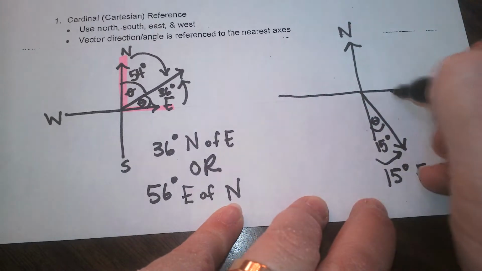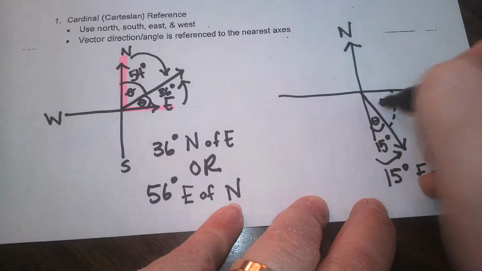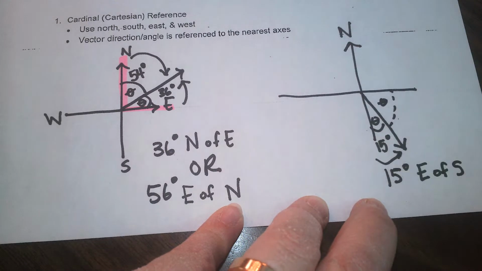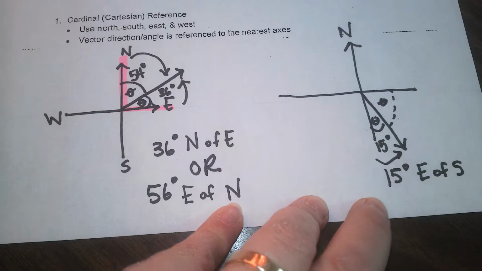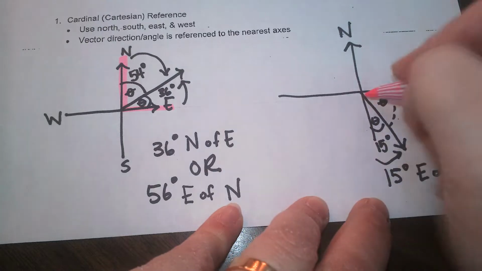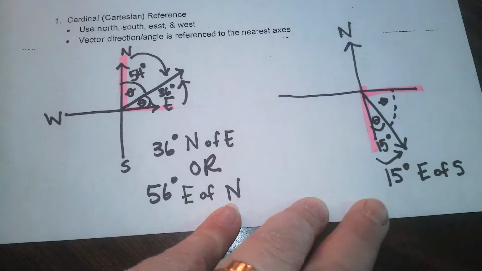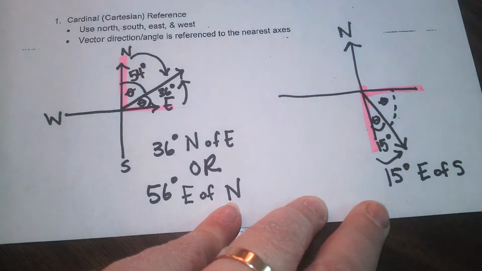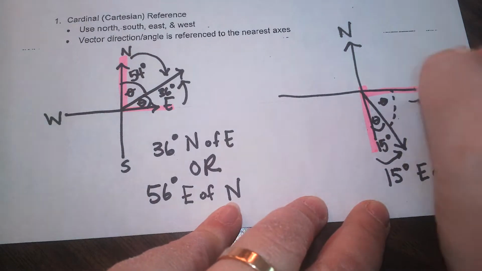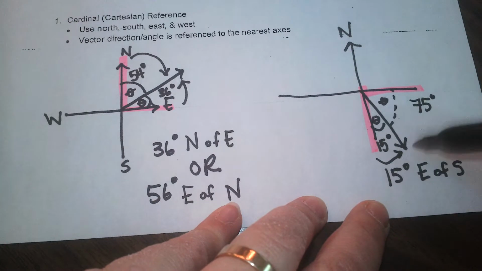What would this angle be? $75. Do we agree with Kyle? Yeah, 90 minus 15 is 75. So this one would be 75 degrees coming from this grid line.